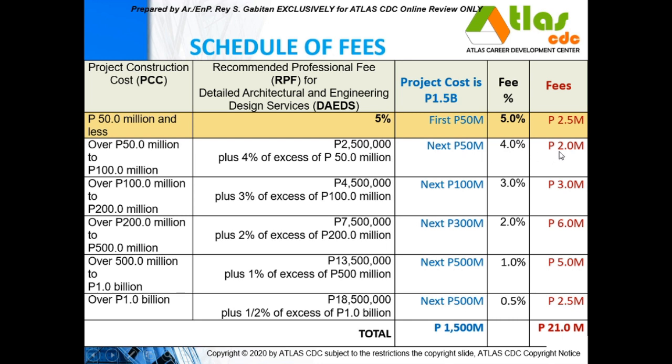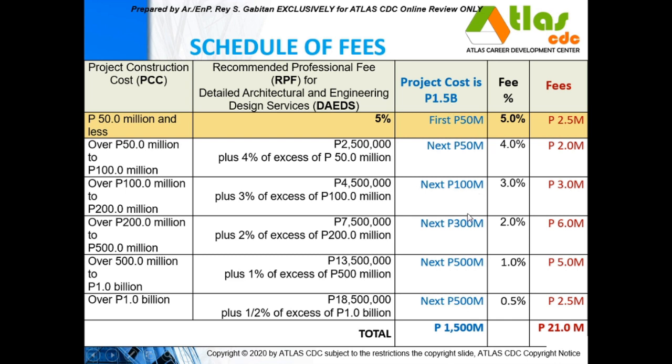So you have the next 50 million from the 1.5 billion. Your fee is 2 million. Now this one, over 100 to 200 million, computed at 3%. So this would have a range of 100 million, computed at 3%. So 3% of 100 million is, your fee is 3 million. So this 3 million is from the 100 million, part of the 1.5.